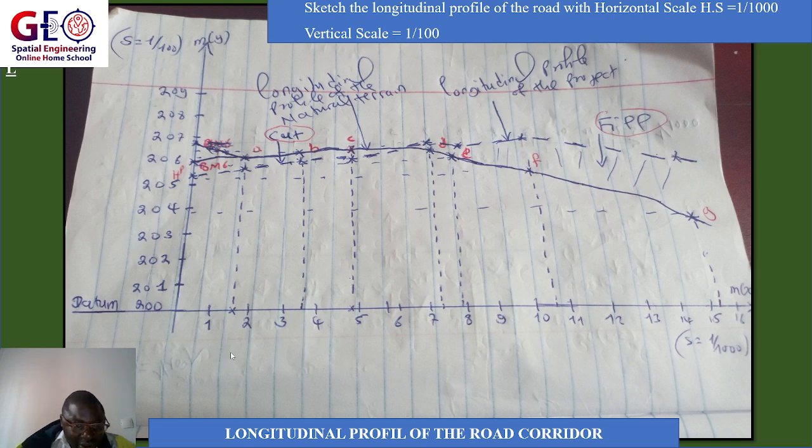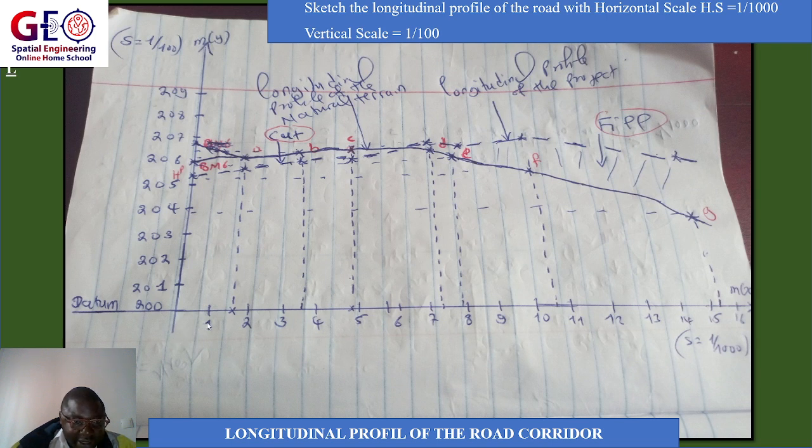So we are graduating the x-axis following the scale: 1 centimeter, 2 centimeter, 3, 4, 5, 6, 7, 8, 9, 10, right up to 16 centimeter. Since we are working with scale 1:1000, every 1 centimeter on the paper represents 10 meters on the terrain.